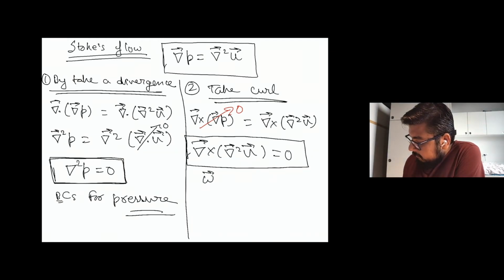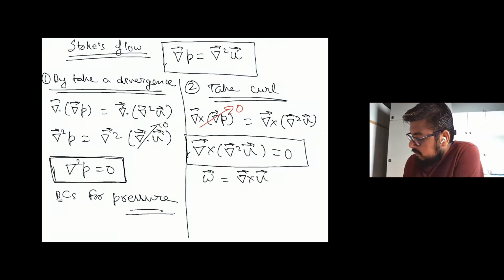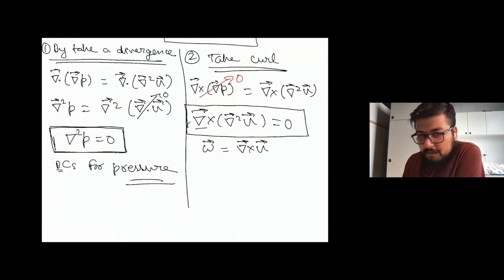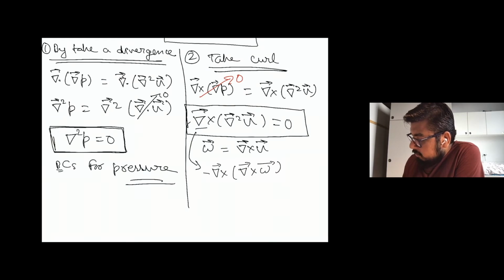So what we are going to do is to simplify this further. Now, if I define a vorticity field, omega, as curl of u, then we can show that this equation, curl of the Laplace of u, is nothing but minus curl of curl of omega, which by further manipulations can be shown as equivalent to the Laplace of omega equal to 0.